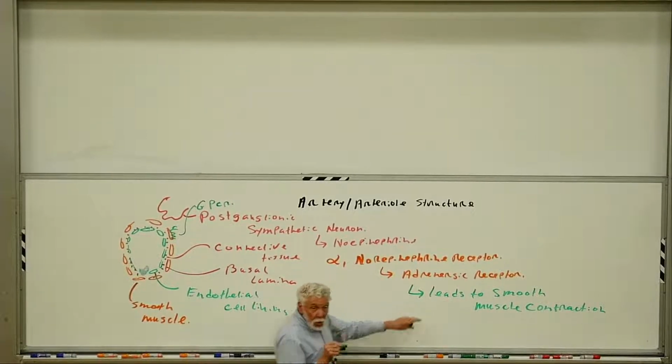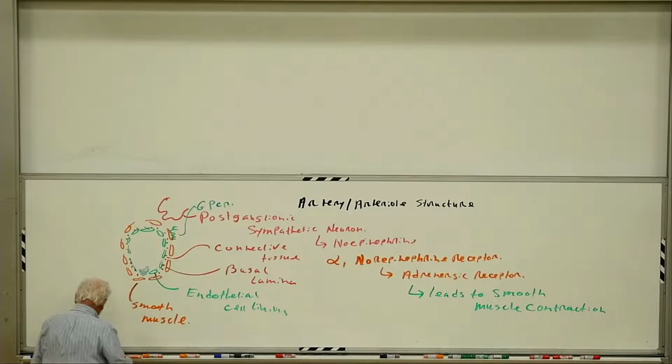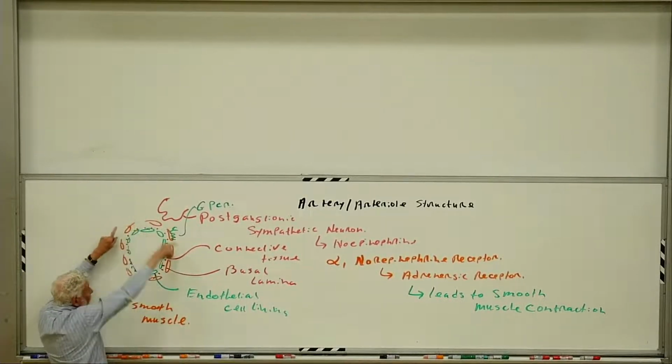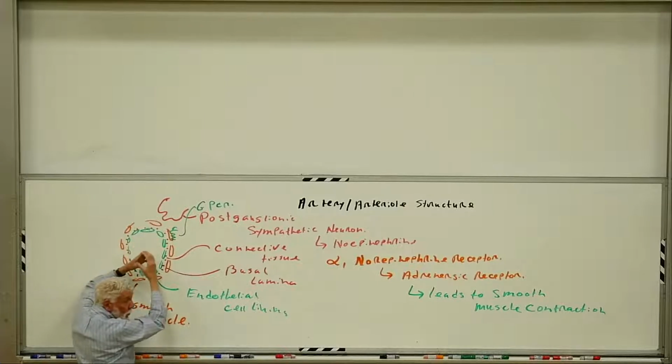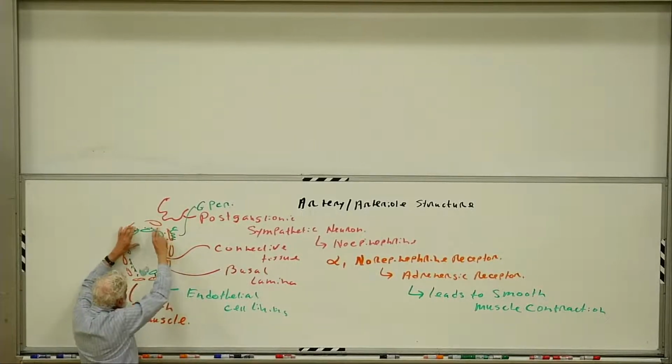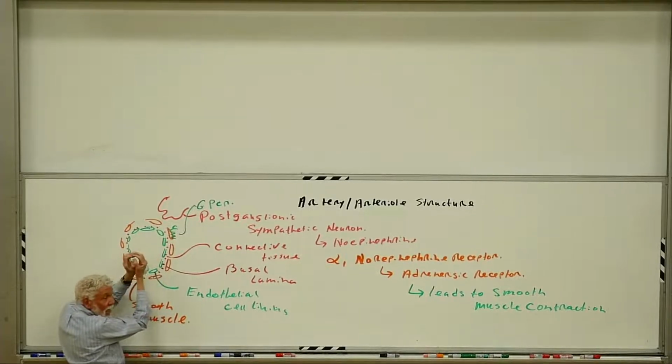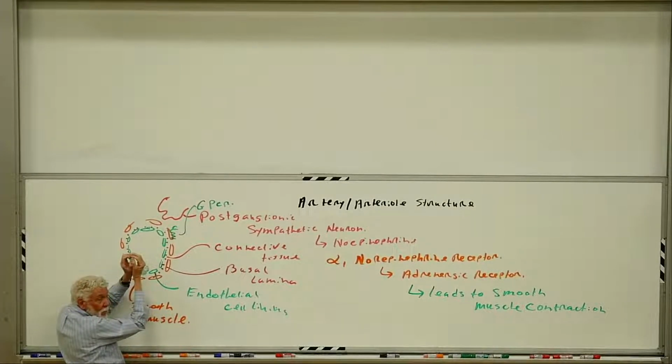Now think about what's going on here. This smooth muscle is wrapping around, snaking around this tube. When we contract the smooth muscle snaking around the tube, what's that going to do to the diameter of the tube? It's going to reduce the diameter of the tube.